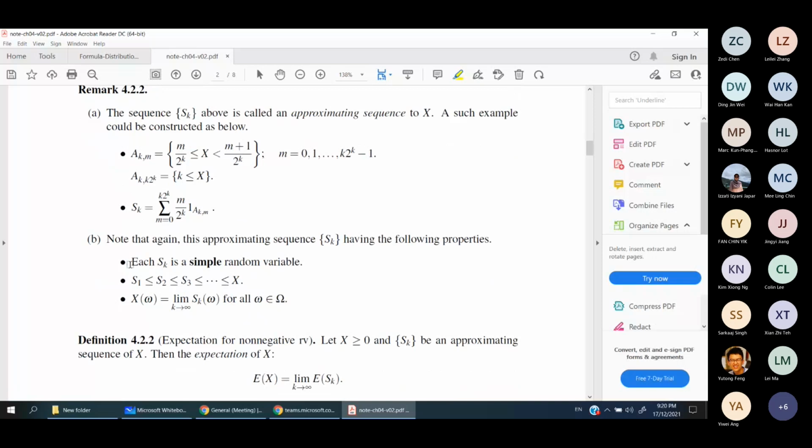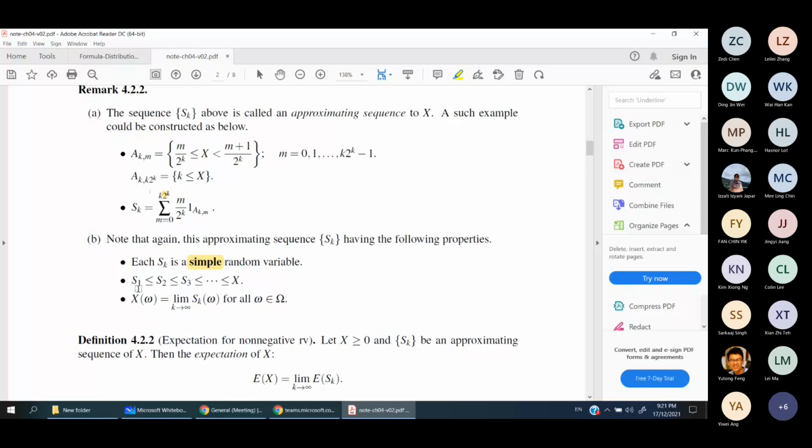If you are interested, you can check each Sk is a simple random variable. I think this is quite obvious. This must be simple because here is a finite value. It's a linear combination of indicator functions, so it must be a simple random variable, and it must be increasing. You may verify it yourself.